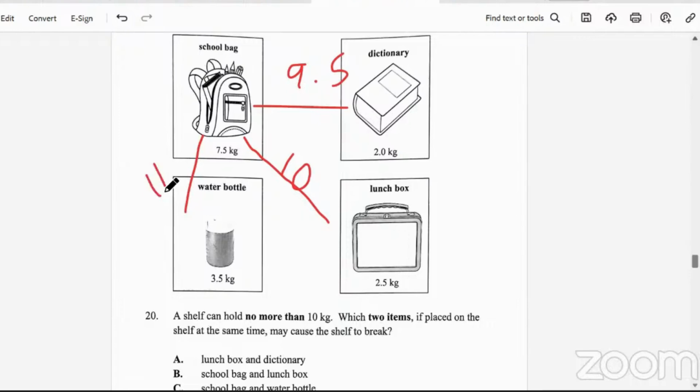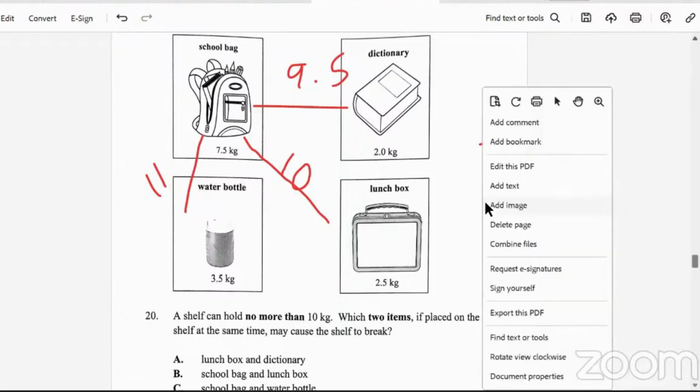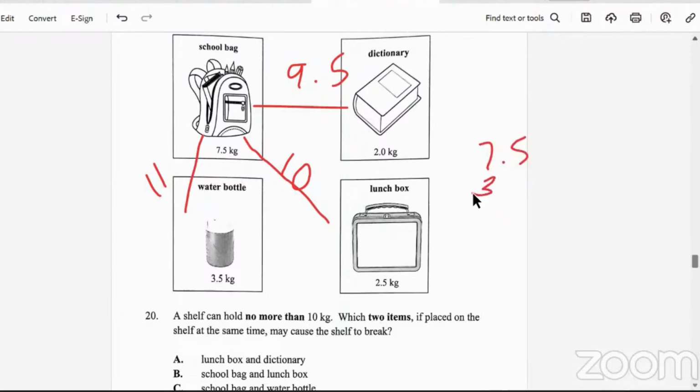Okay, you can do the calculations, right? 7.5 and 3.5, 5 and 5. Sorry, that's not 10, 11. 1 plus 7 is 8, 8 plus 3, that's 11, so it would be 11.